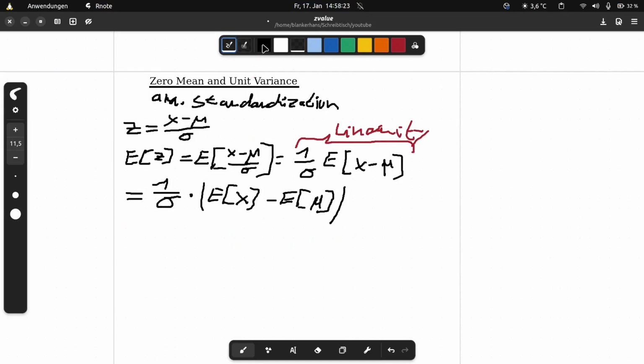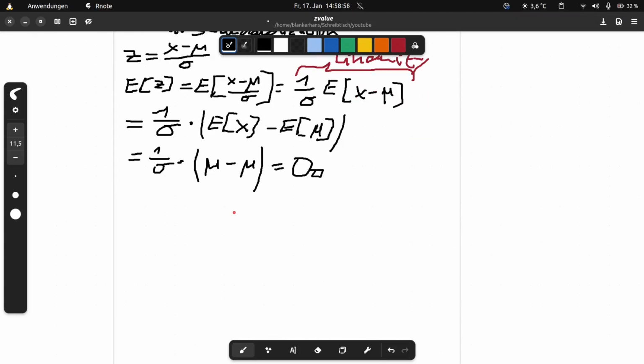We have 1 divided by sigma times the expectation of x is mu, and the expectation of a non-random variable mu is again the non-random variable itself. So we have 1 divided by sigma times mu minus mu, and this is 0. So we have shown z has a mean of 0.